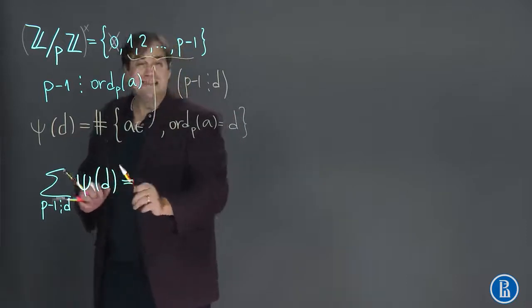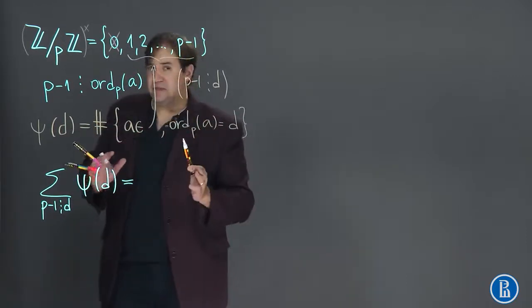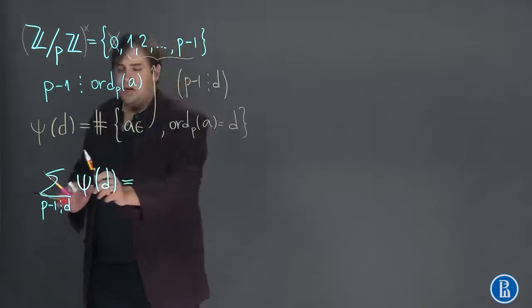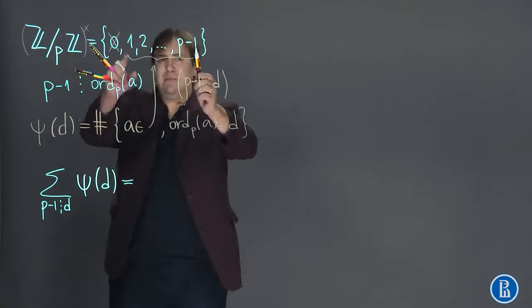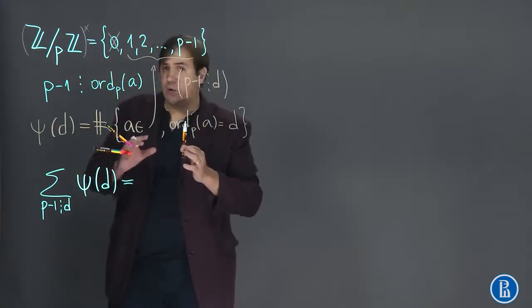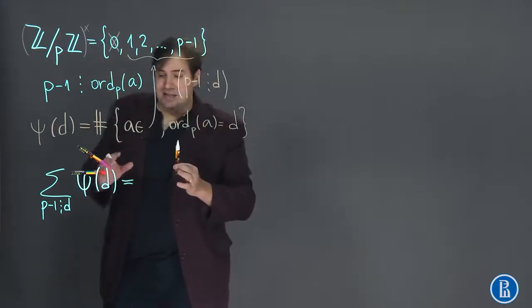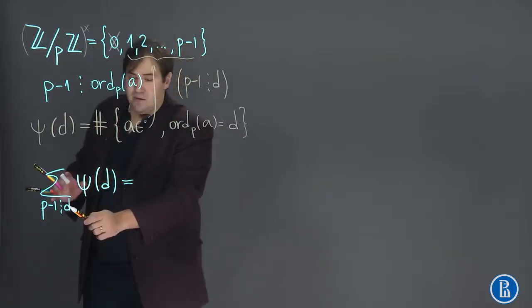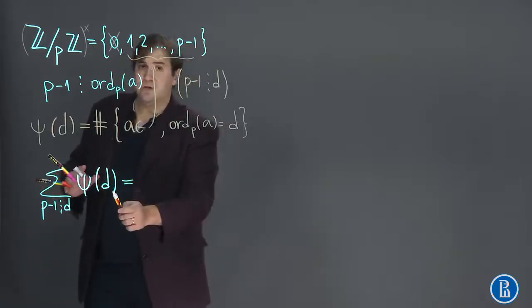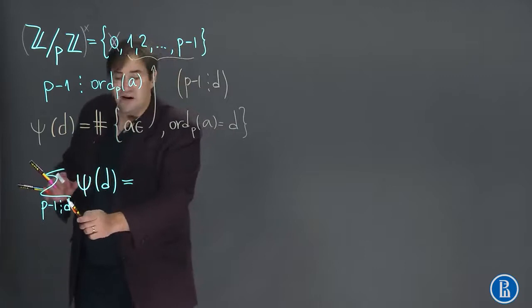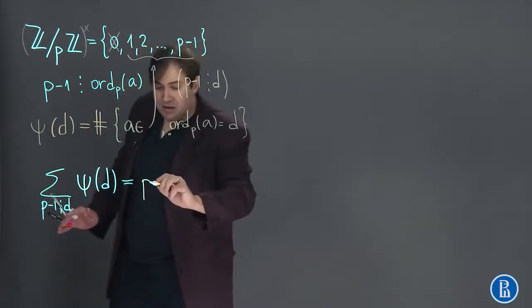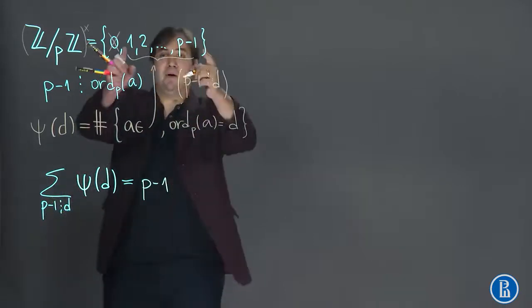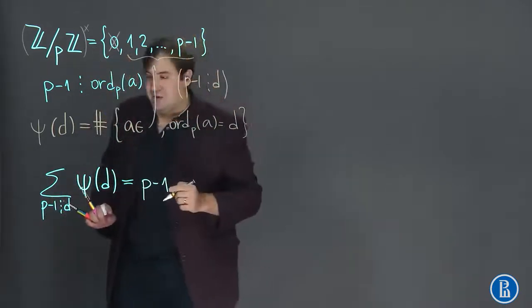Psi of d is the number of elements of a specific order. So it looks like we simply group our elements by their orders. And this means that the sum of the number of elements of order d over all divisors of p minus 1 is simply p minus 1, because it is simply the number of elements in this list.